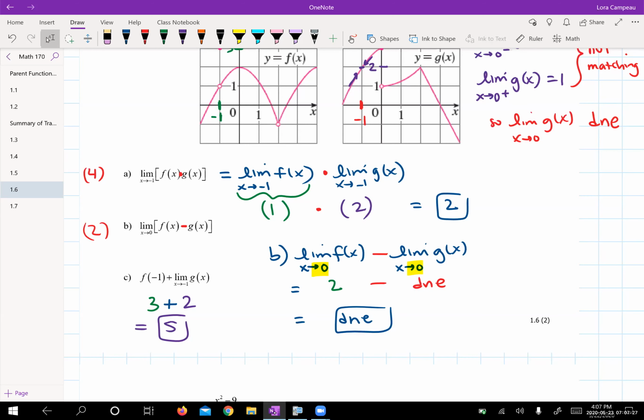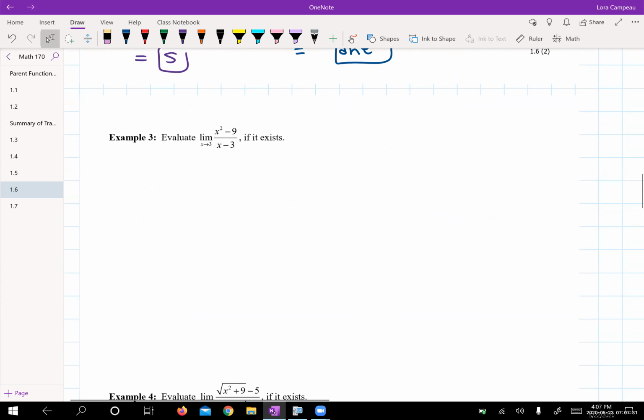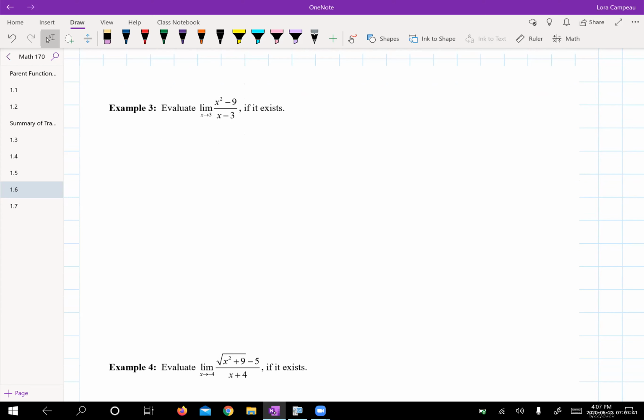Now I have a slightly more interesting problem. We can inspect the graph on this if we want to. It might be beneficial at this point, but it is slightly more interesting. I would point out if you were trying to use direct substitution, because that's usually everyone's first thought, why can't I do that?